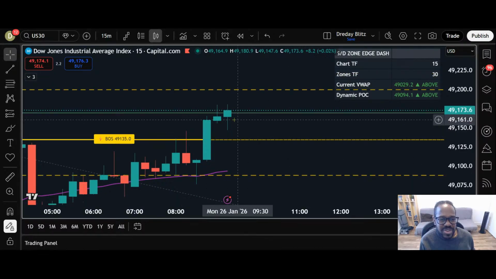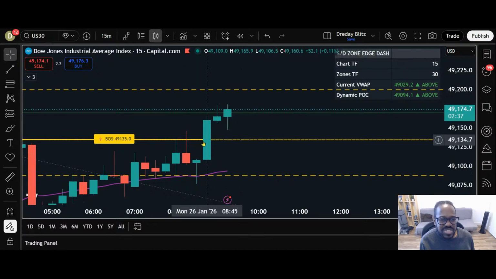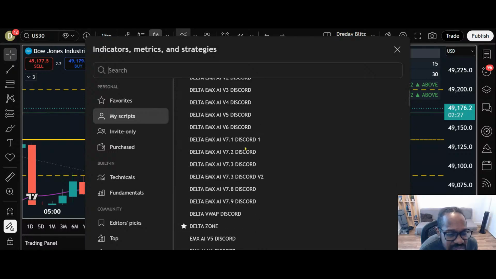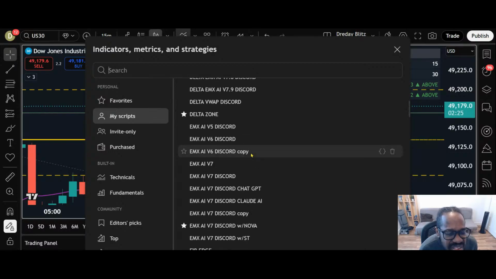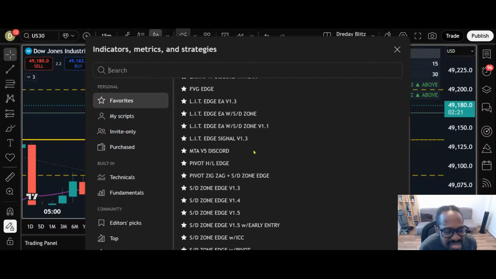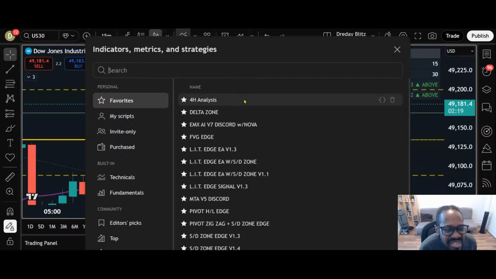So I'm waiting for it to go down and maybe go towards this fair value gap here. So we do have a fair value gap right here. I'm just gonna pull it up here. I think I removed it from my list. There you go. I'm just gonna go on my favorites here.